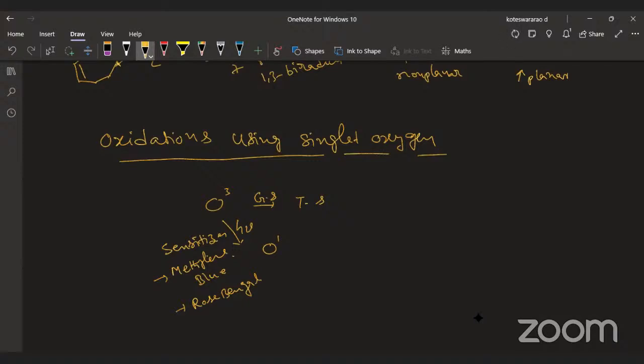What is methylene blue? The structure of methylene blue: it is a sulfur and nitrogen containing heterocyclic compound.